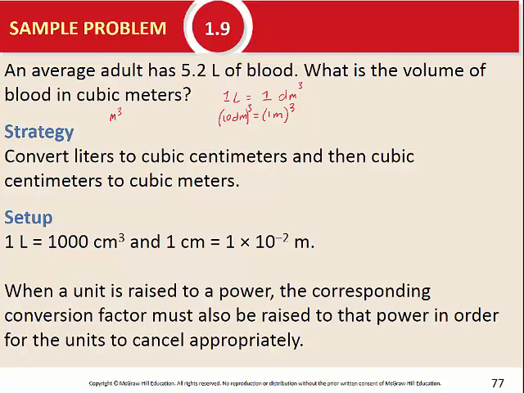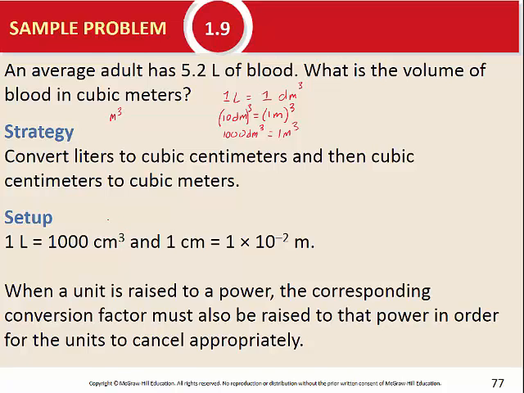So 10 times 10 times 10 is 1,000. And then the unit also gets cubed, so decimeters cubed is equal to, now 1 cubed is still 1, 1 times 1 times 1 is still 1, meter cubed. So 1,000 decimeters cubed is equal to a meter cubed.